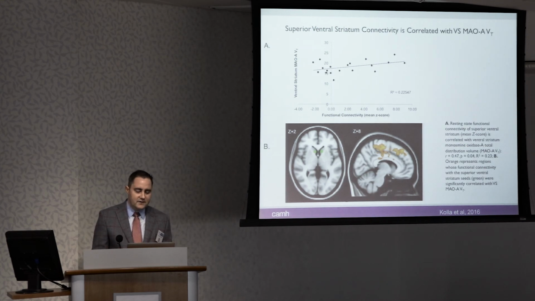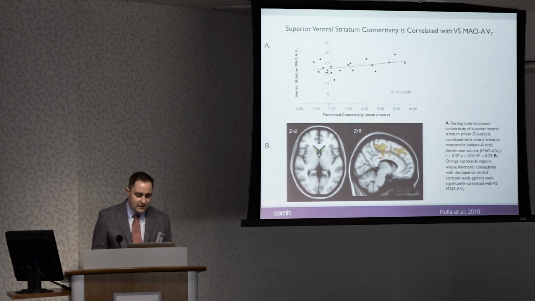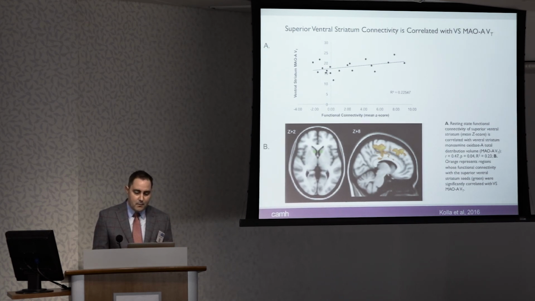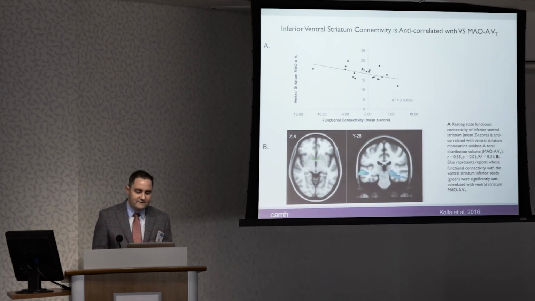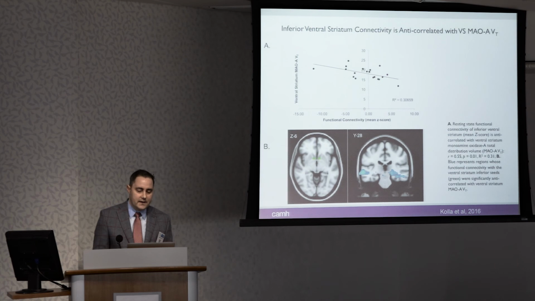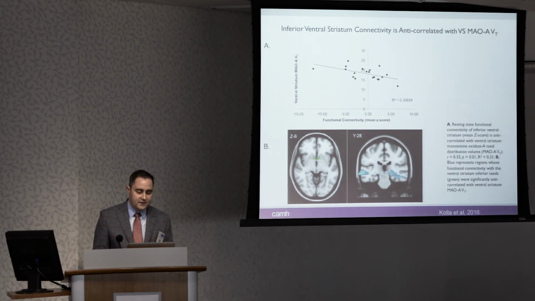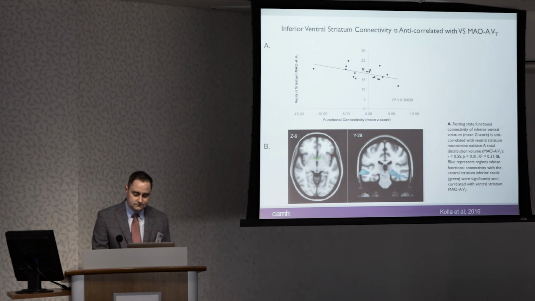So we found patterns of connectivity between the ventral striatum superior and bilateral dorsal medial prefrontal cortex, bilateral pre and post central gyrus, and the right superior frontal gyrus that correlated with MAOA distribution volume. And we also found that the inferior ventral striatum seed predicted patterns of activity in limbic regions and posterior cortical regions that were anti-correlated with MAOA.